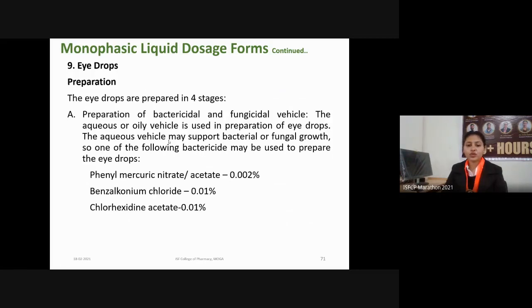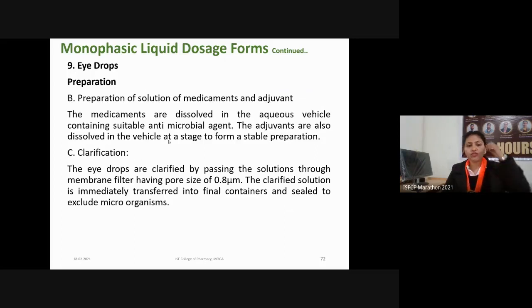We can use phenylmercuric nitrate or acetate in the concentration of 0.002%. Benzalkonium chloride can be used in the concentration of 0.01%. Chlorhexidine acetate can be used in the concentration of 0.01% to prepare a bactericidal and fungicidal vehicle.